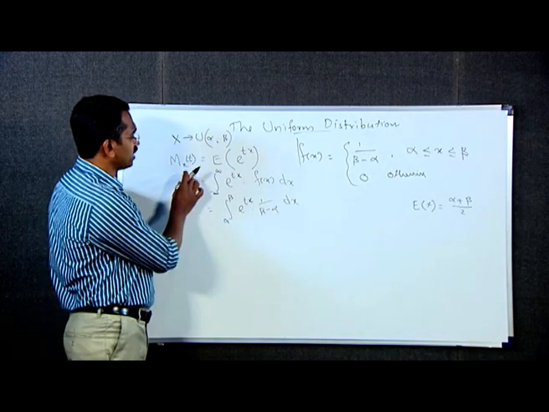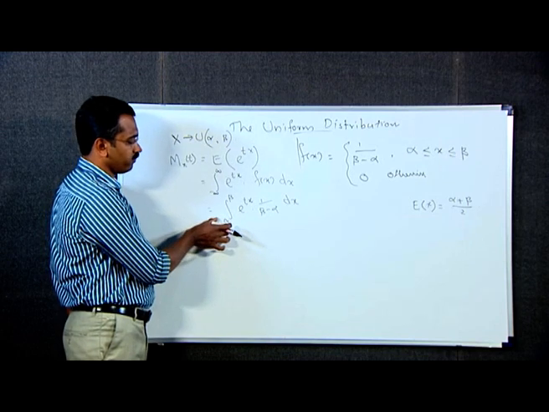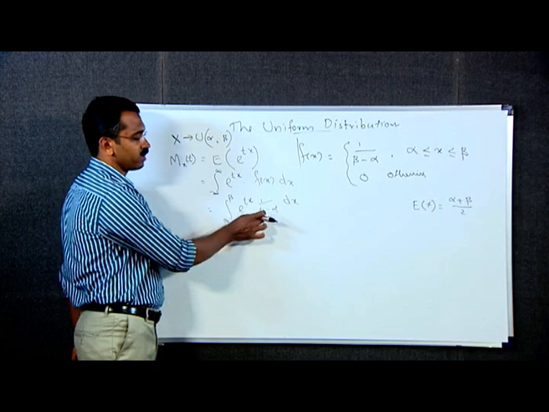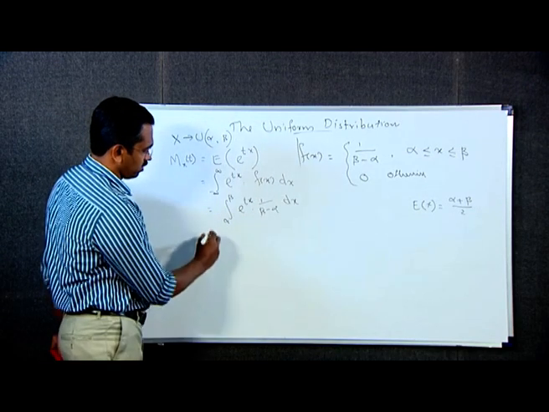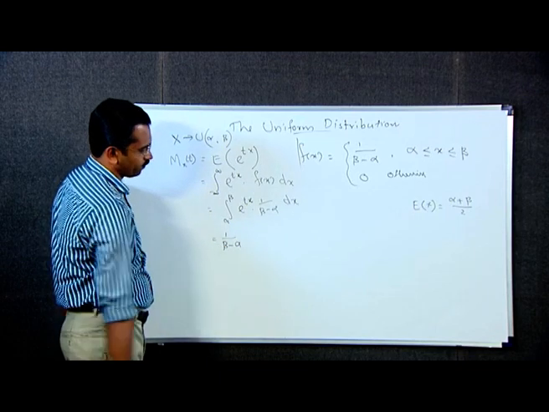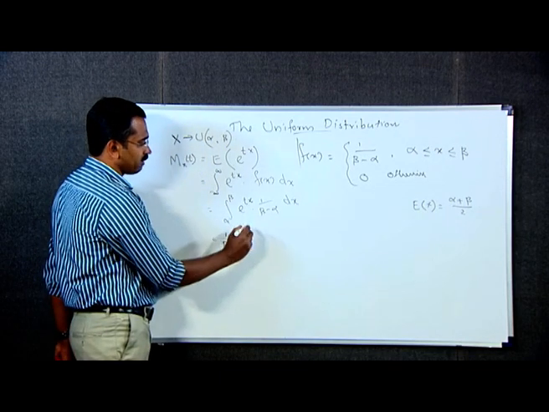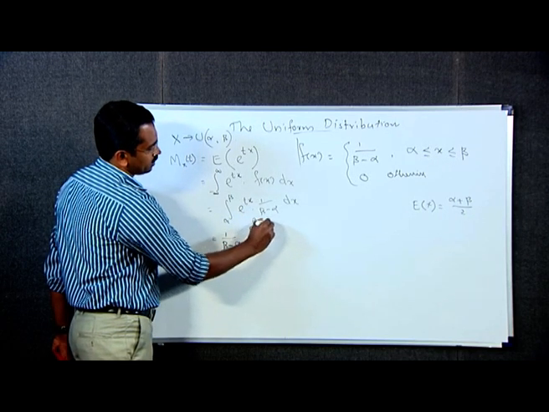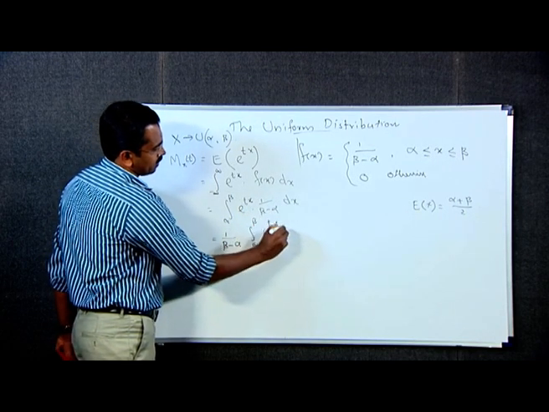Therefore, M_x(t) is equal to integral from alpha to beta e raised to tx into 1 by beta minus alpha dx, that is 1 by beta minus alpha into integral alpha to beta e raised to tx dx.